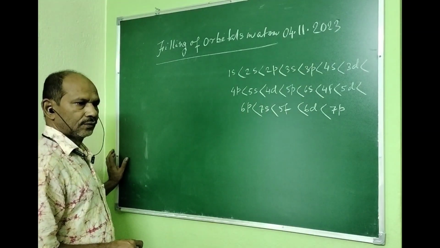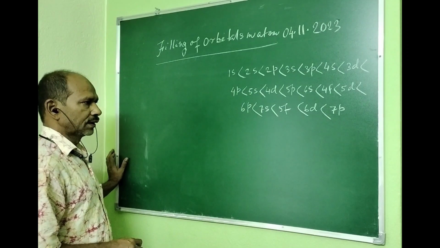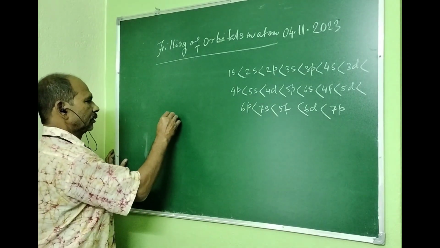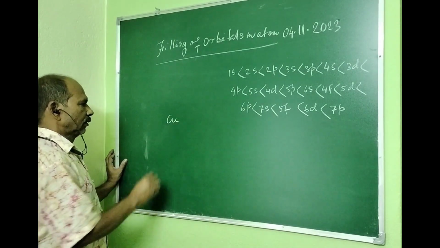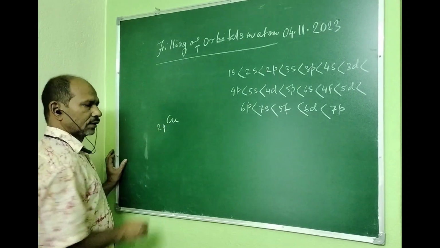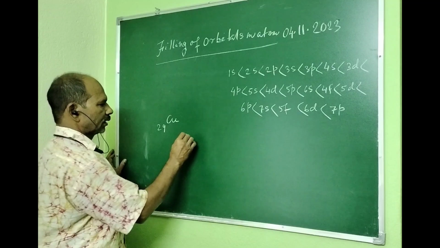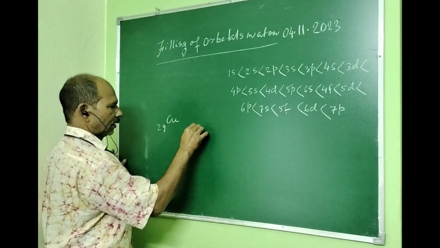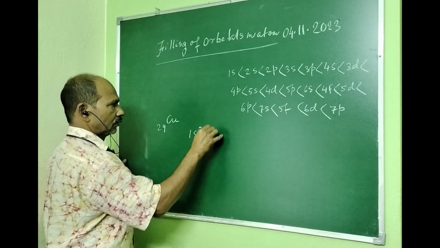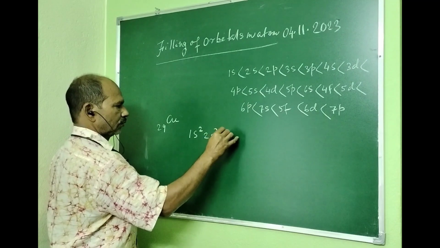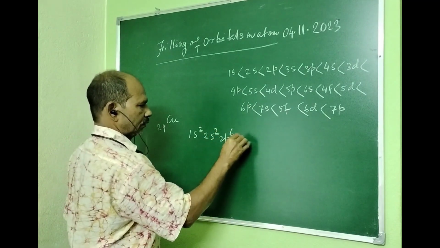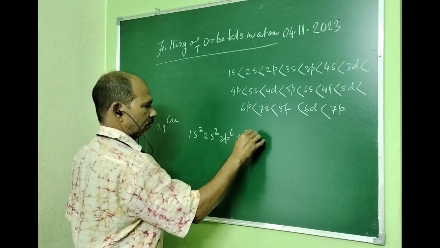If you try to do the electronic configuration of, suppose, copper, the atomic number of copper is 29. So the electrons will fill up like this: 1s2, 2s2, 2p6, 3s2, 3p6.